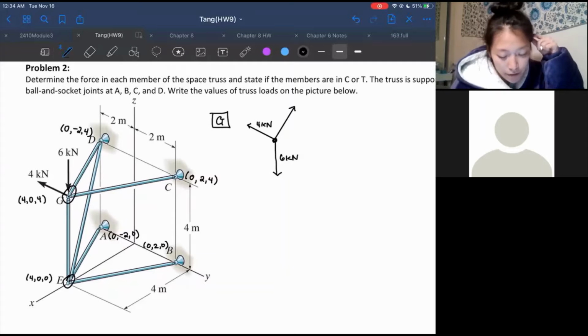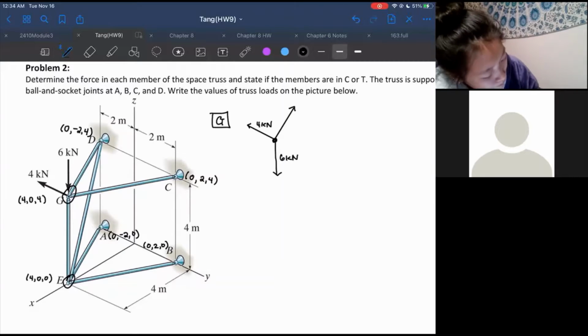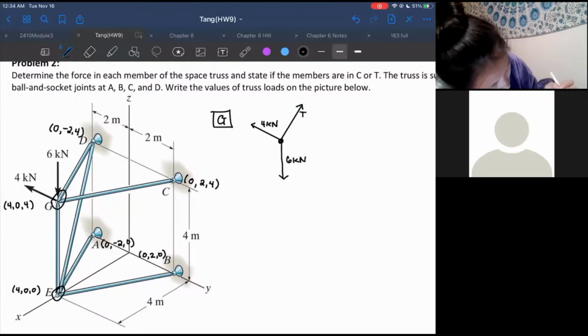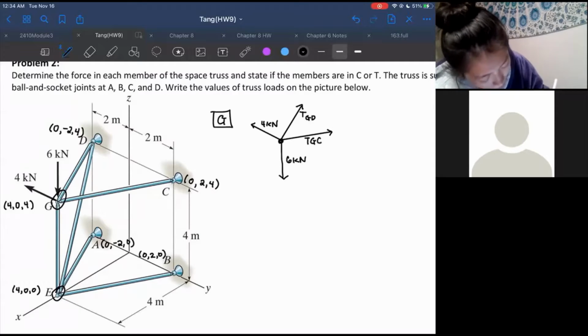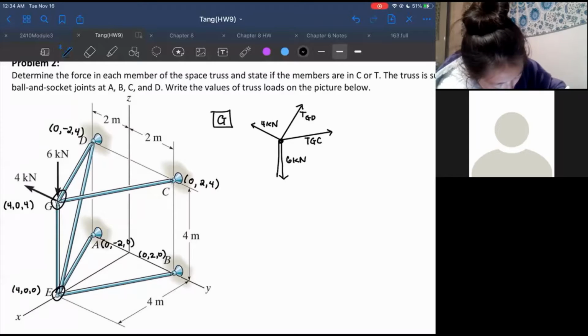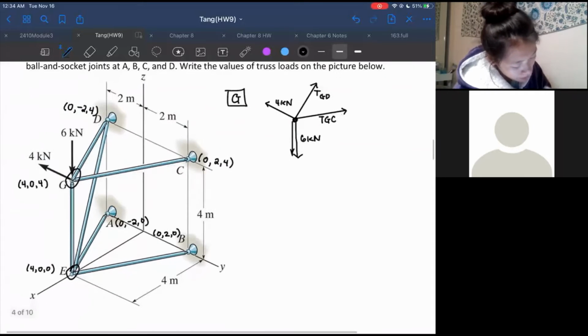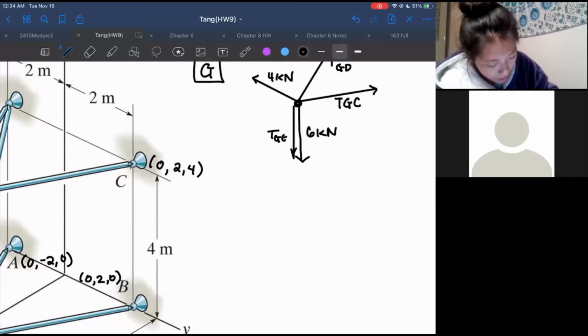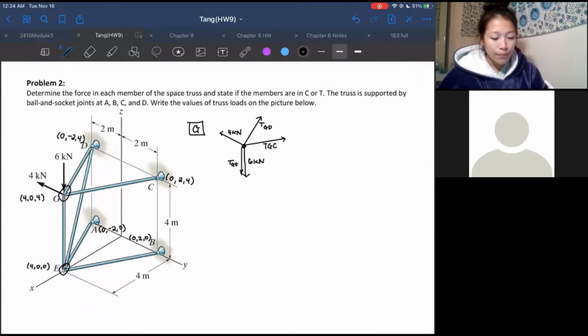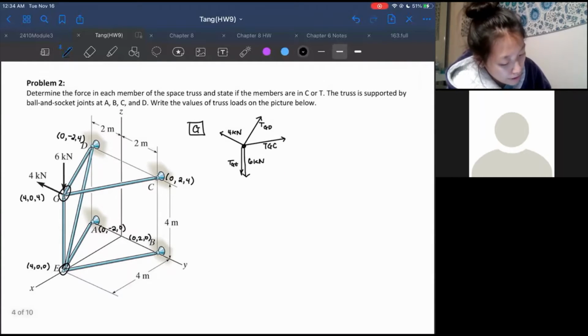And then if they come out negative, then I'll switch them to compression. All right, that should be all of them for now. And let's start writing out the forces.